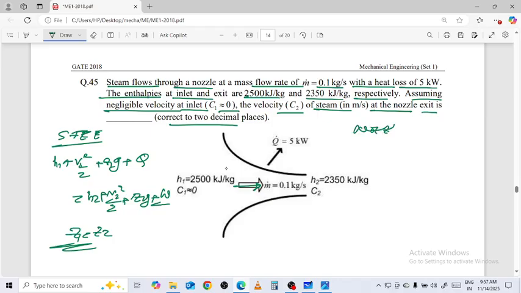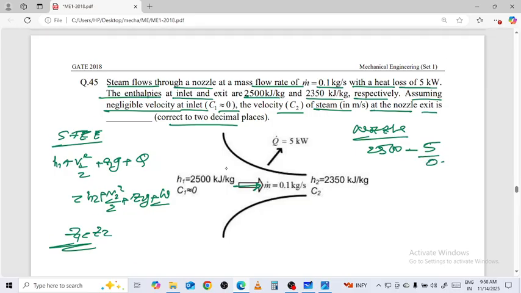Nozzle case: 2500 minus 5 upon 2.1 equals 150 plus V2 square by 2 into 1000.